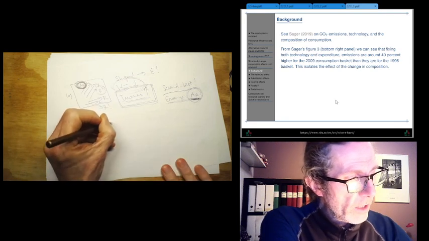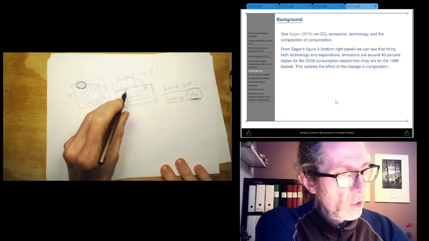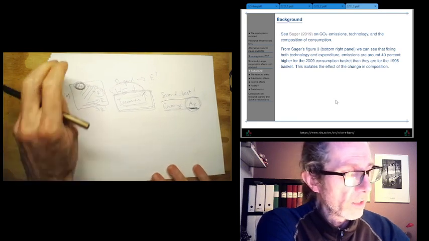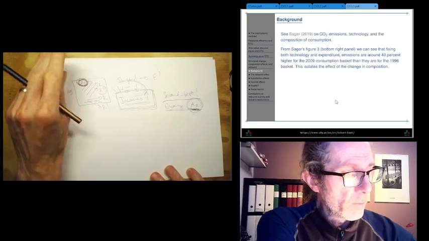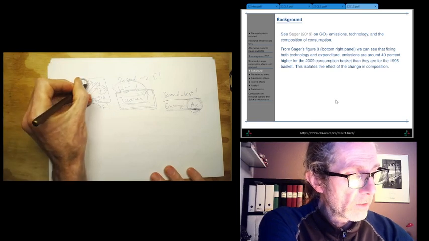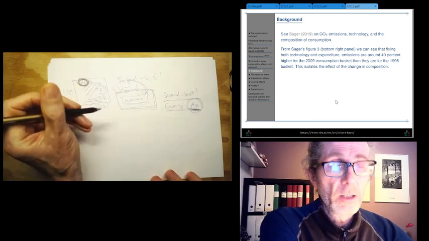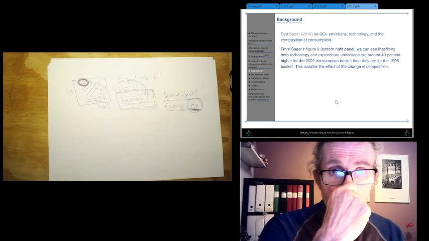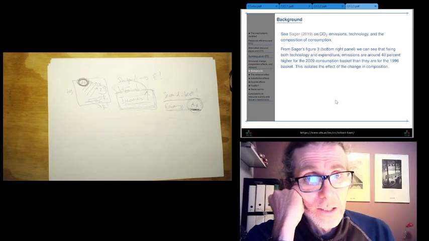So over time, households are shifting into more emissions intense consumption baskets. At the same time, we have a countervailing increase in AR, which is pushing down emissions. So we've got these two processes acting against each other.